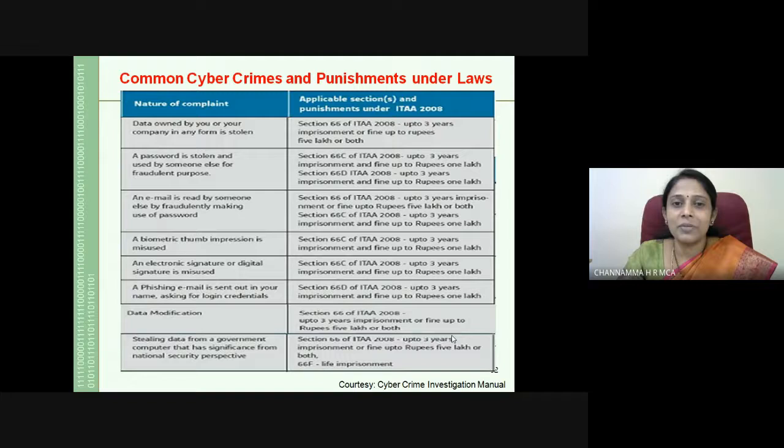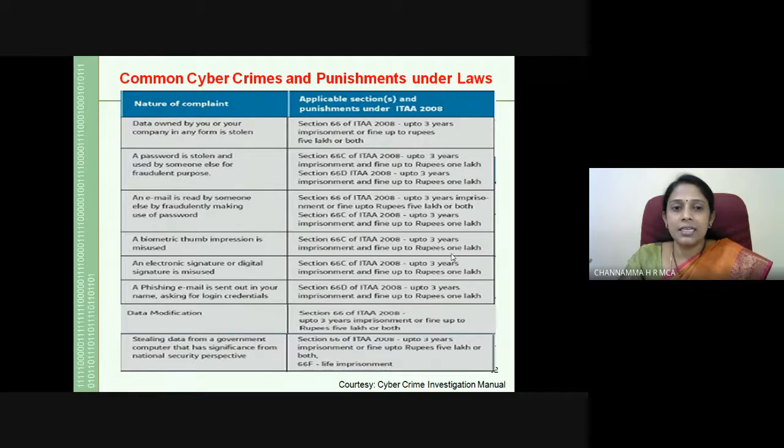But the problem is how to prove that somebody has stolen my password. So that is the problem. But there is a law here: if somebody uses our password, we can complain against them, and we can try to give a punishment. But it is very difficult to prove that crime actually.